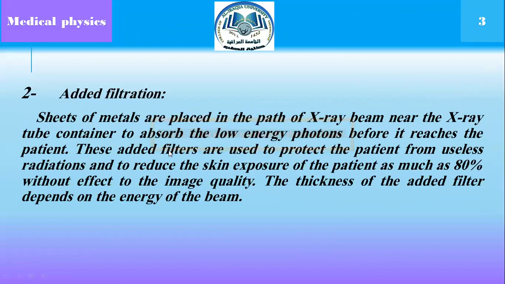These added filters are used to protect the patient from useless radiation and to reduce the skin exposure of the patient by as much as 80% without effect on the image quality.